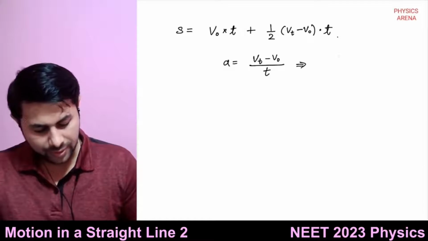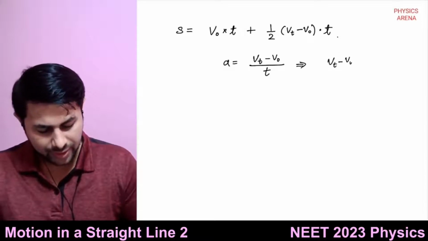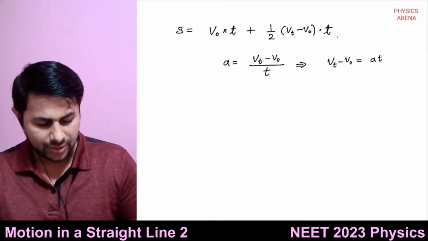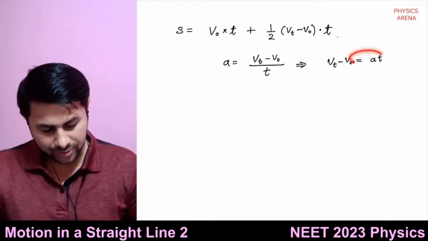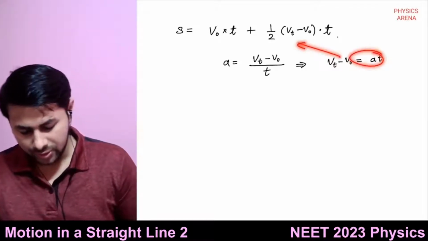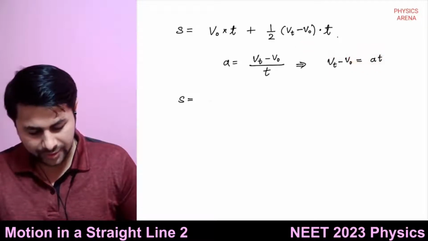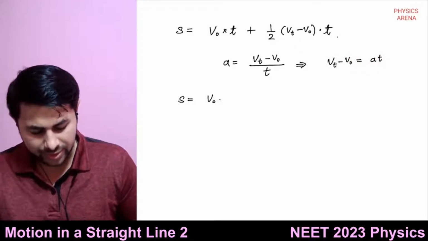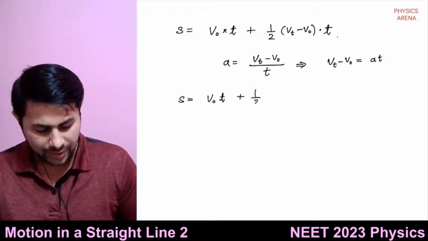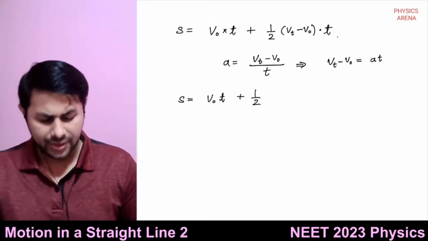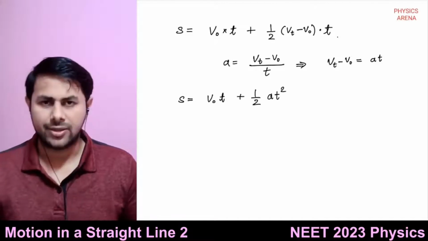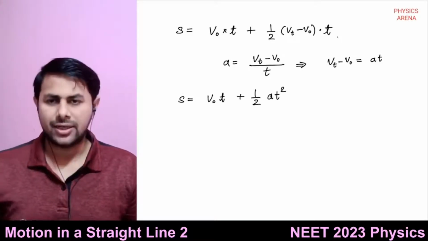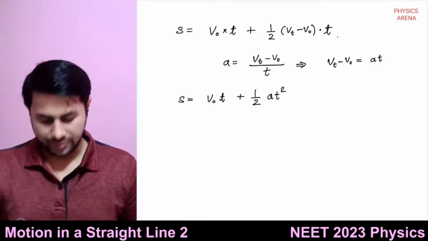That I can substitute over here. So what do I get? I get S is equal to V naught times t plus half of A times t, multiplied by t, that is A times t squared. So this is your second kinematic equation of motion.